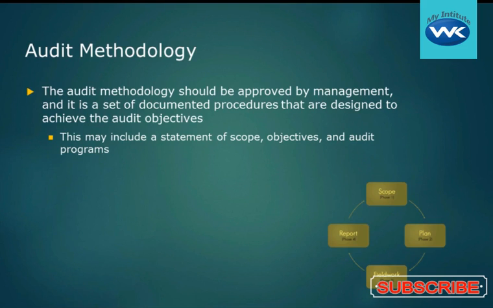We haven't even talked about audit risk, really, but there is a risk to our doing an audit, and one of them could be what I've just described. So it's important that management approves the methodology and the procedures we're going to go through to get to those objectives, because they may have input, saying, yes, that is important to do, but the timing might be part of that detailed procedure of when we should do certain types of audits.